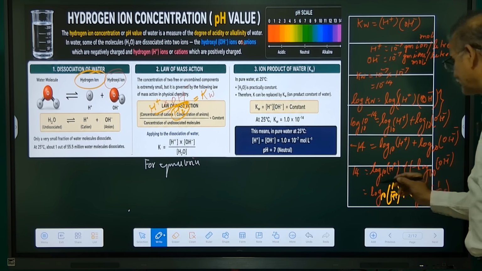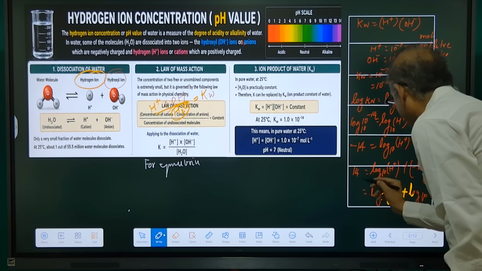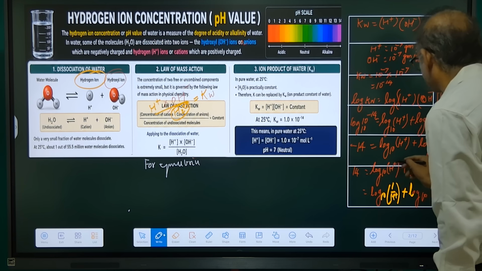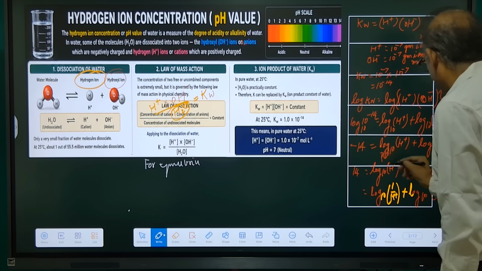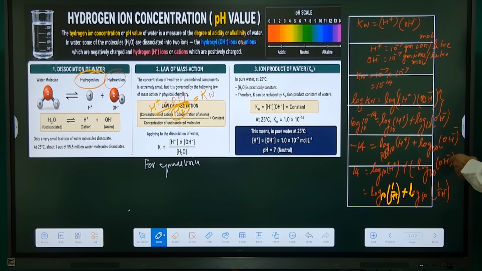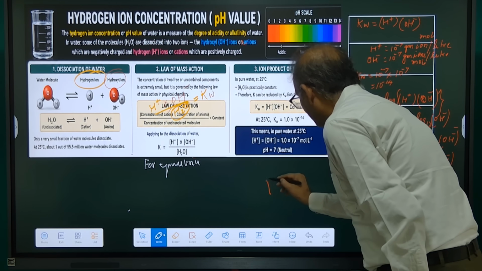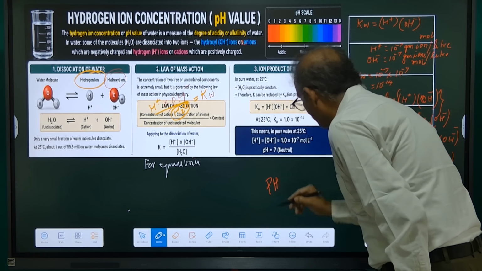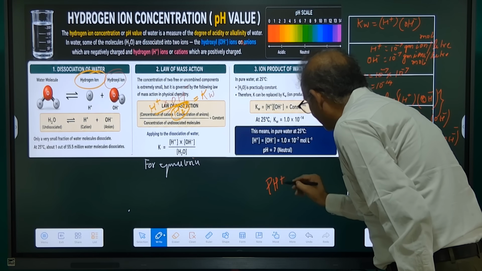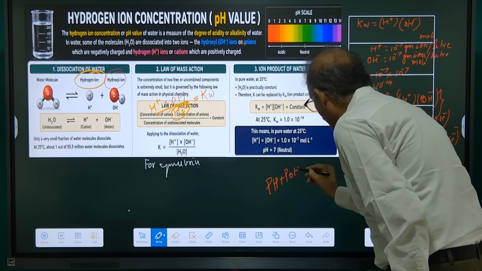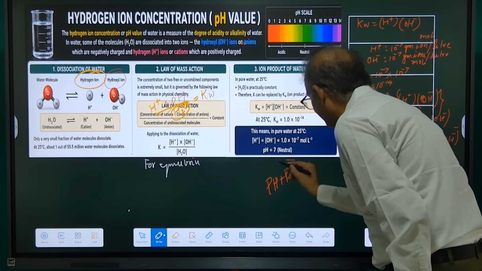Since we took minus to this side, minus log H+ is pH and minus log OH- is pOH. So we can say pH plus pOH is equal to 14.